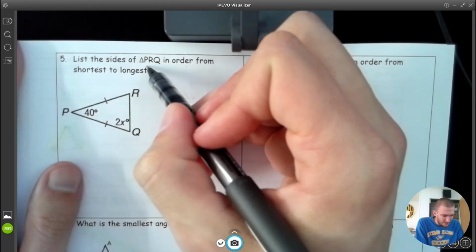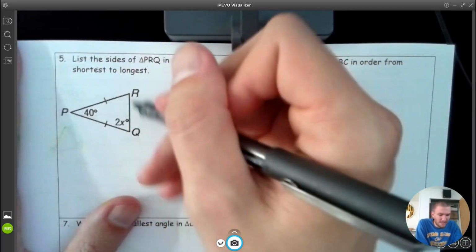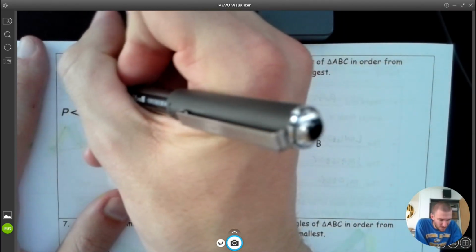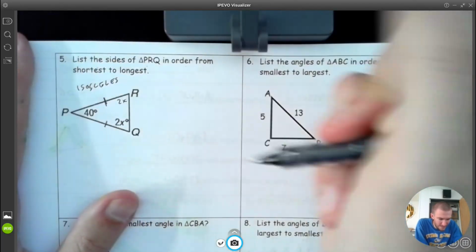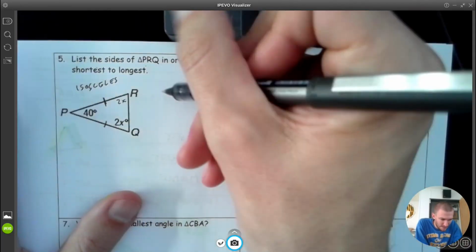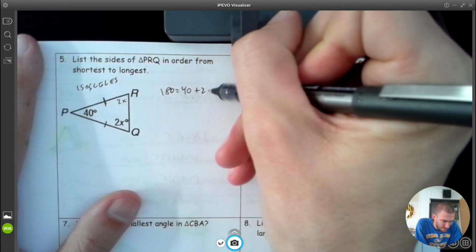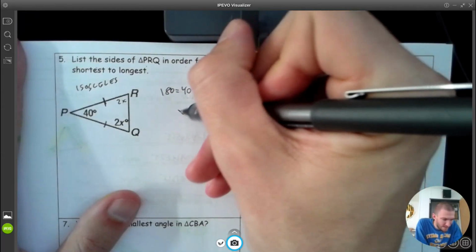List the sides of PRQ in order from shortest to longest. So this reminds me of the homework from yesterday. This is an isosceles triangle. So 2x and 2x. These are angles, so they add up to make 180. I can go to Desmos, I can calculate this.